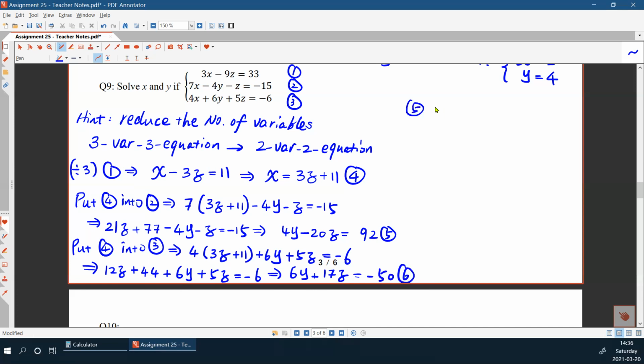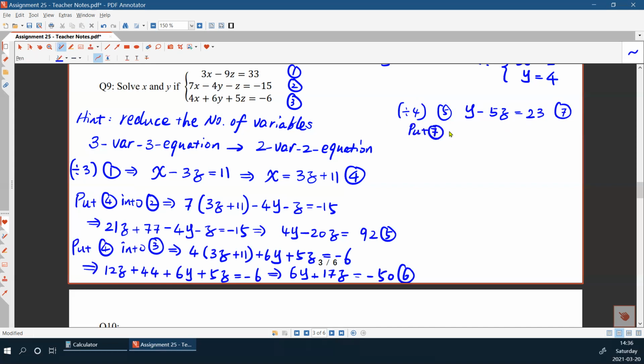Okay, remember, note that equation 5 can be further simplified. You can divide both sides of 5 by 4, right? So that means y minus 5z equals 23. Okay, let's call this 7.